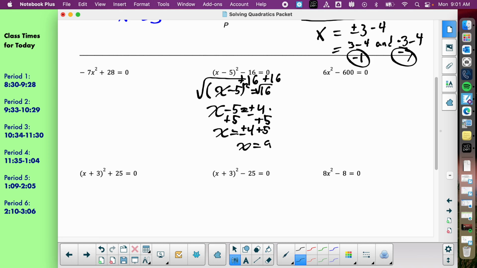Okay. So our goal is to try to get this by itself. So we're trying to cancel off things around it. This one's the farthest away, so it's going to be the first one we cancel. So how do we cancel that one? Okay, good. We've got negative 7x squared is negative 28.